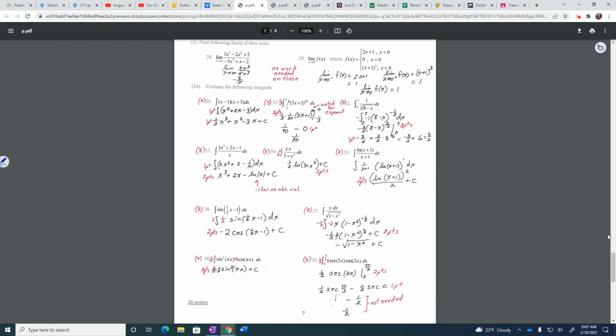A lot of people thought 37 was an inverse sine, at least one or two did. The reason it's not an inverse sine is because there's an x up there, so it's actually just a u substitution. They're tricky. When you see them all mixed up, it's a little more challenging.